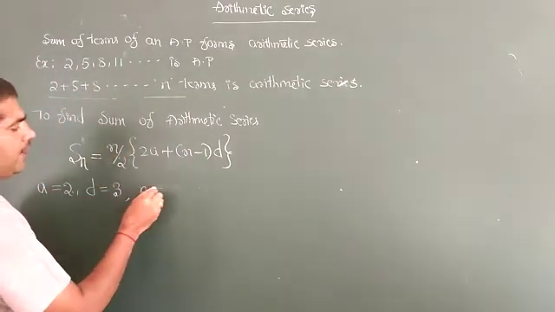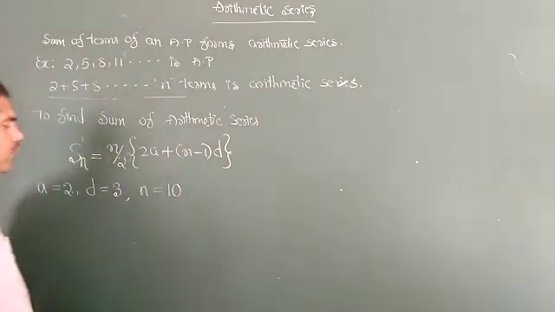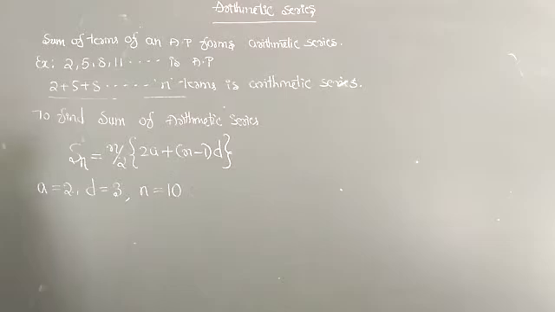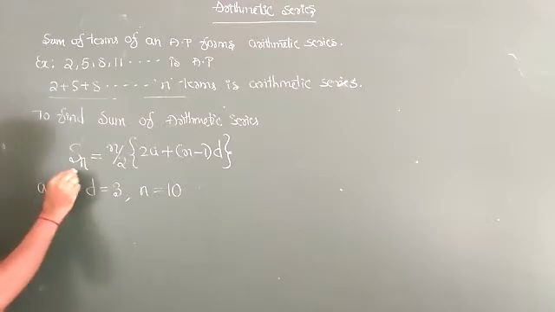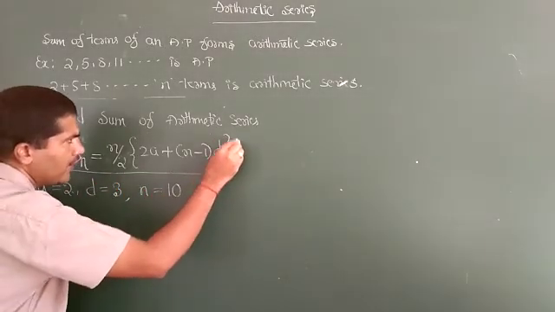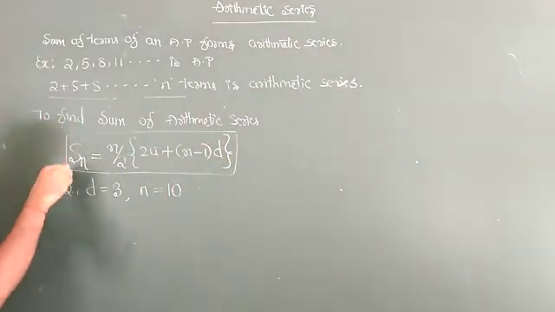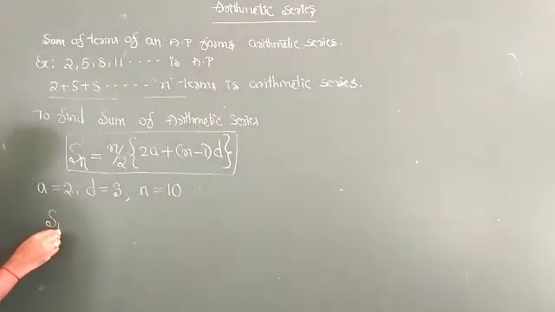Then n becomes 10. So if I know this much, I can find the sum of 10 terms of this AP. Now you can put the values in this formula. Sn becomes S10, finding the sum of 10 terms.